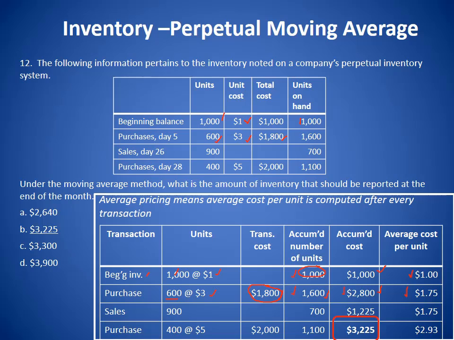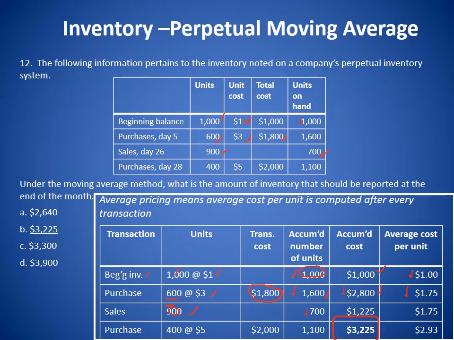Now we're going to sell the next item. We sell 900 units. When we sell the 900 units, we know we started out with 1,600 units. We sell 900 units. That means we have 700 units left over, and that corresponds to our units on hand in inventory.